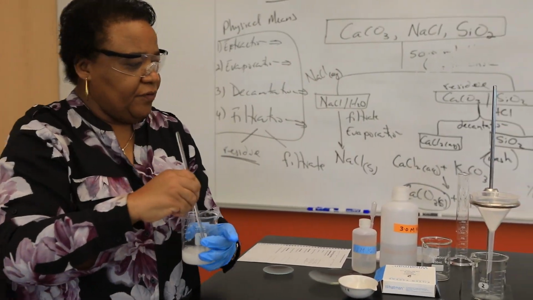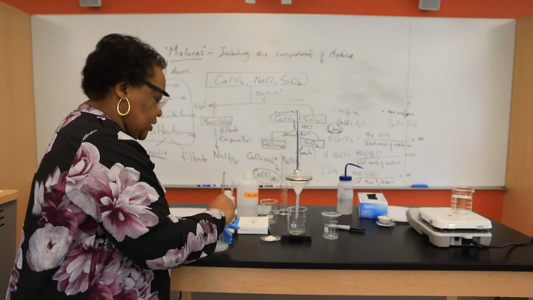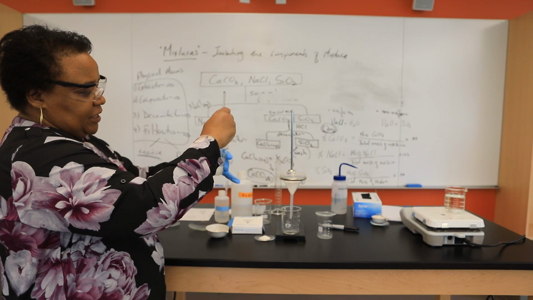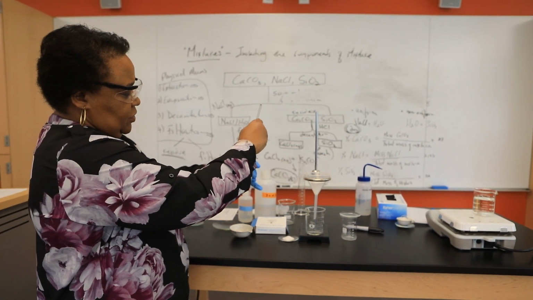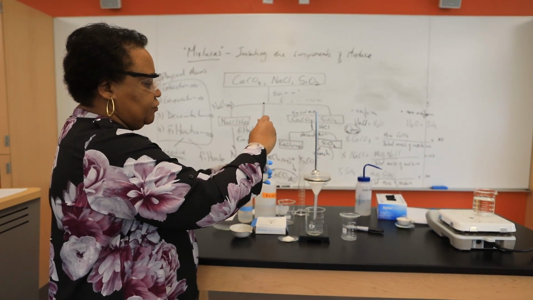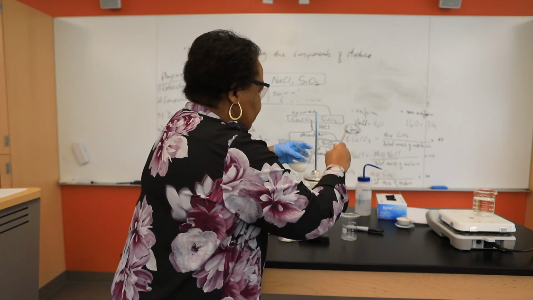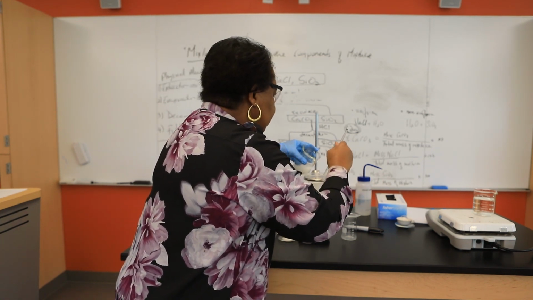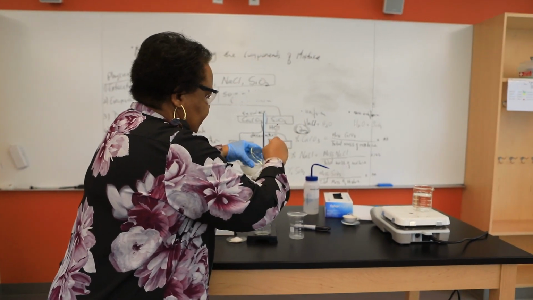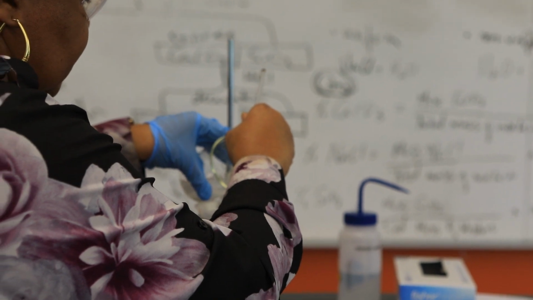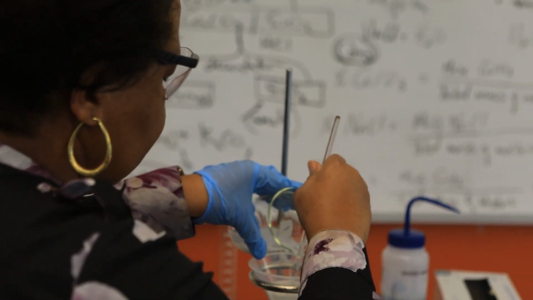So here's our beautiful technique for filtration. I'm going to try to avoid adding any of the solid initially, because I want my filtrate to go through my porous paper. And I hope this funnel is not too large for this. Alright, so right now I'm adding my solution.